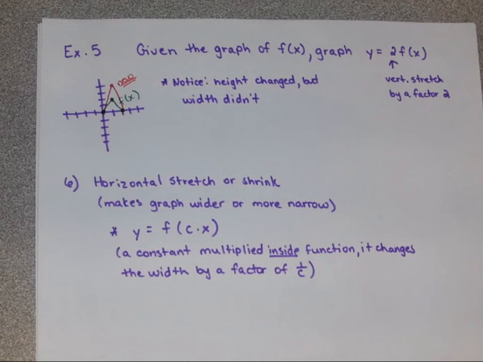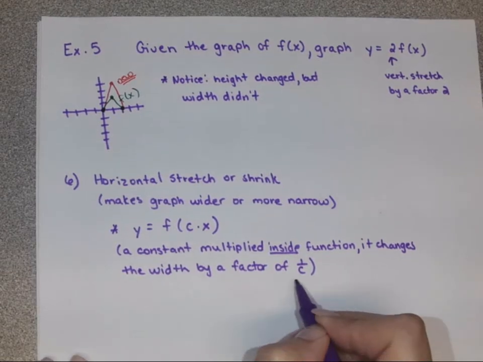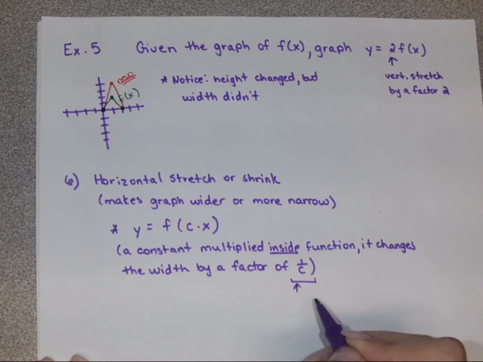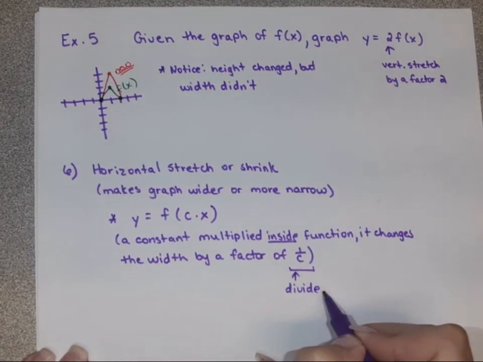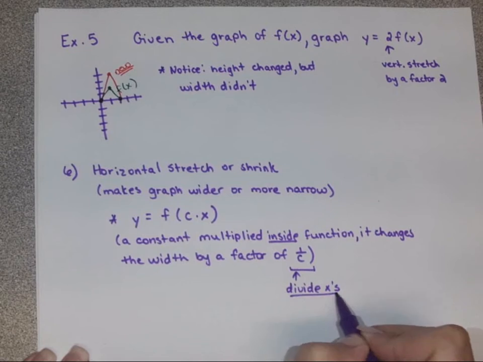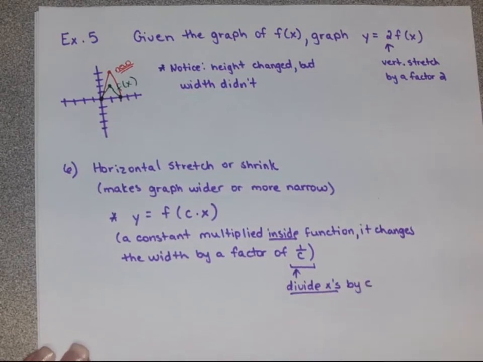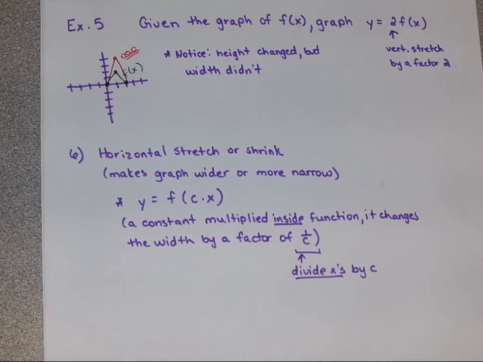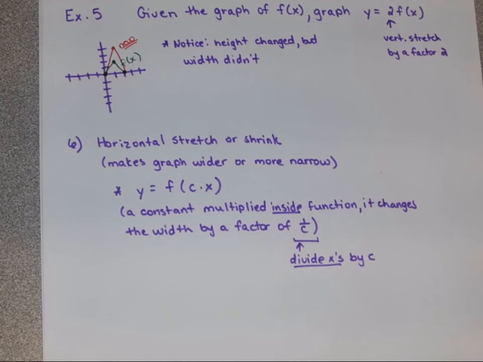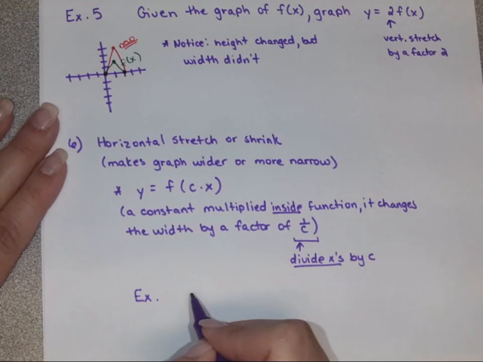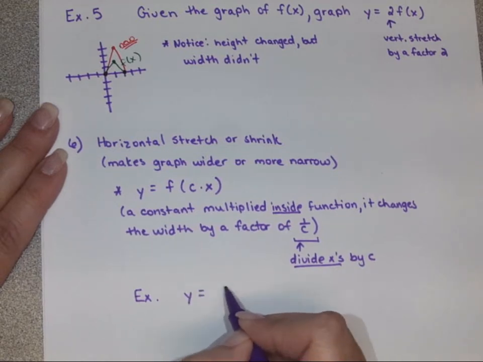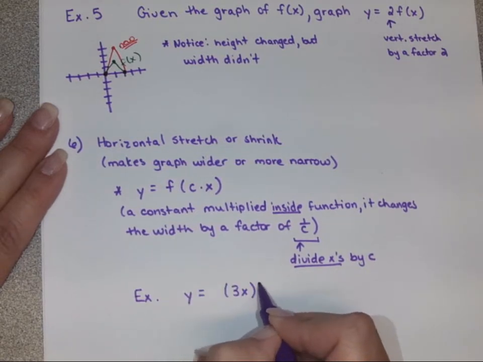We're going to look at some examples and you're going to see what I mean. In other words, rather than multiply the numbers by c, you're going to divide the x's by c. That's essentially what it means when you have a factor of 1 over c. But I think you're going to see when we look at a couple of comparisons that it really just works the opposite of the way that you might have expected.